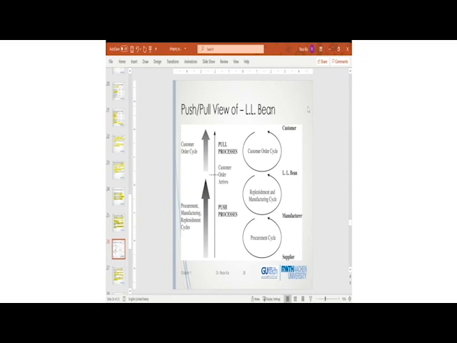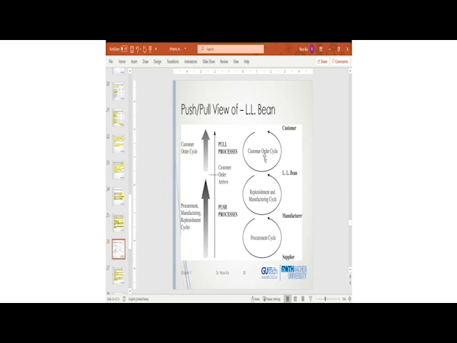And you see that in the customer order cycle, the approach is pull. So it means that in the retail stores, we are waiting to receive a customer order. And whenever a customer order arrives at LLB, then we will start and provide those products to the customer.